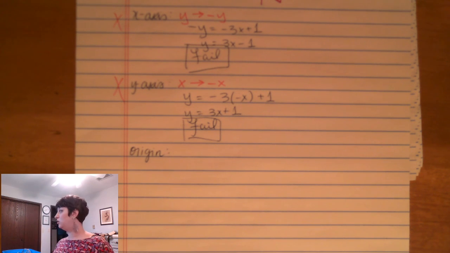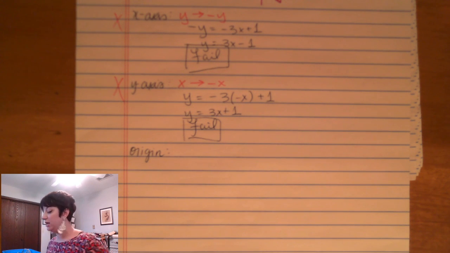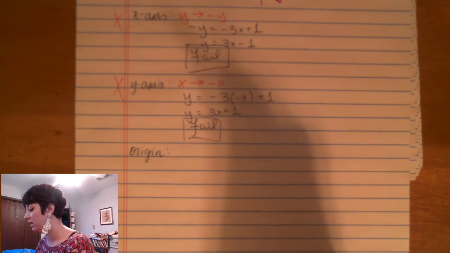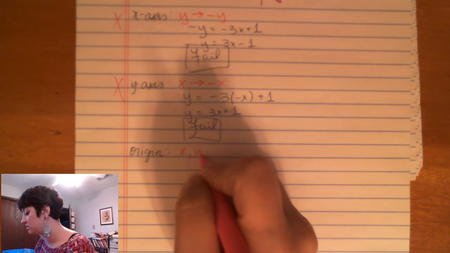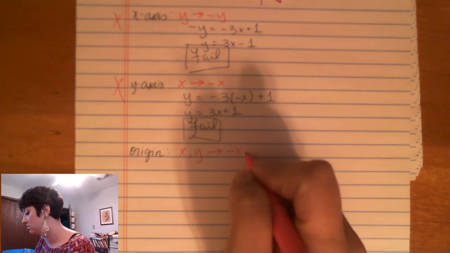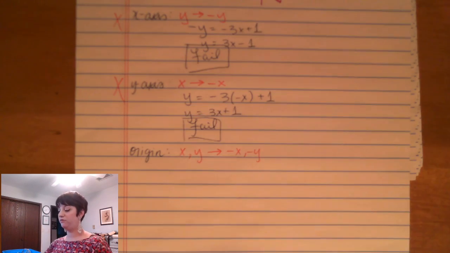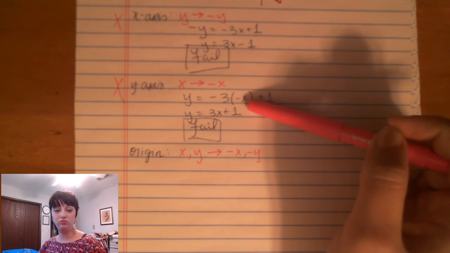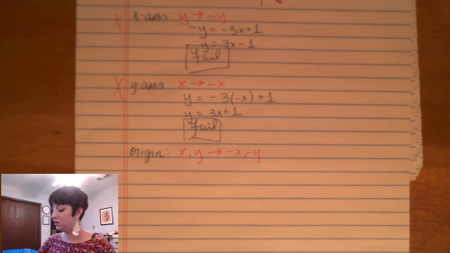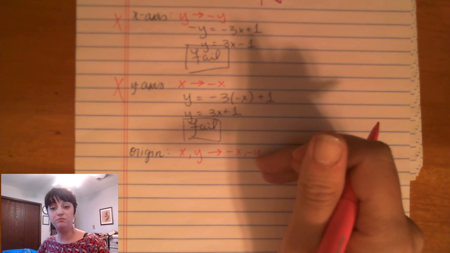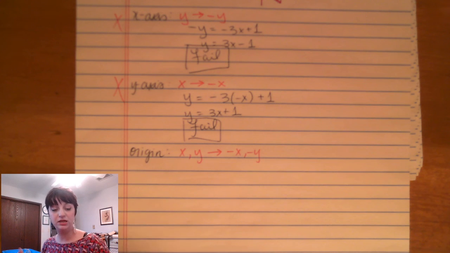All right, origin. So now I'm going to replace x and y. Now sometimes if x and y fail in the quote-unquote right way, then when you get down to origin and you replace both of them, then you can get those negatives to cancel and end up with a true equation, and then you have origin symmetry.